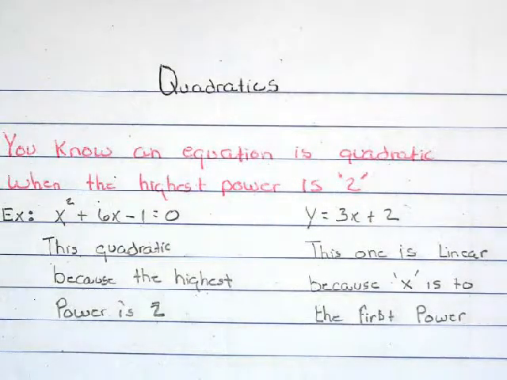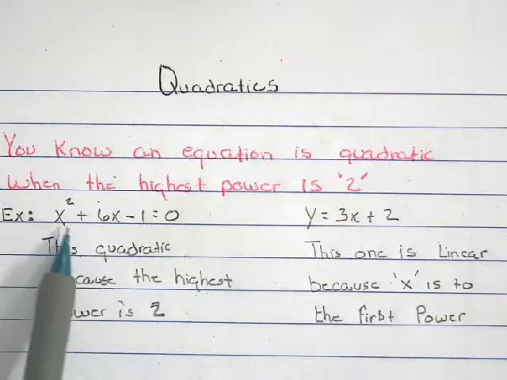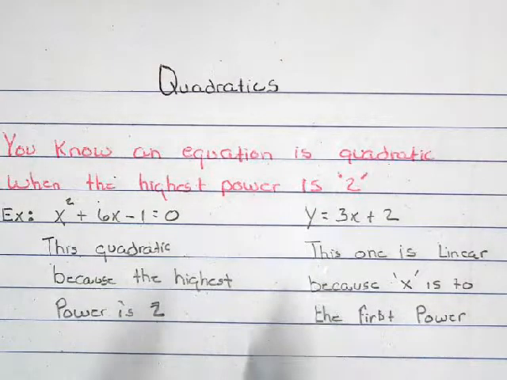Because x is to the first power, it's linear due to that reason. So if the highest power is 2, it's quadratic. If x is to the first power, it's linear.